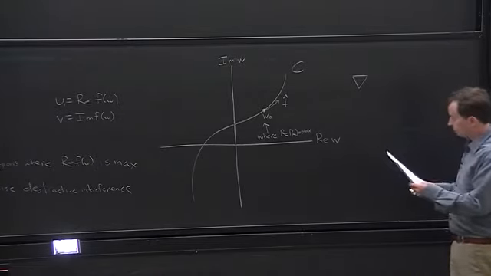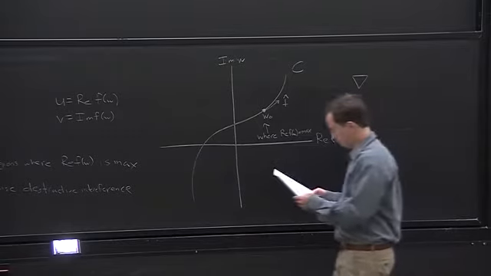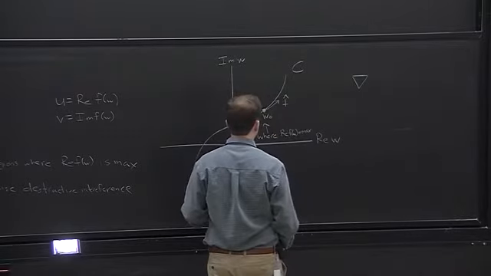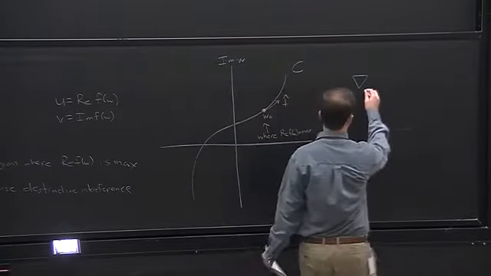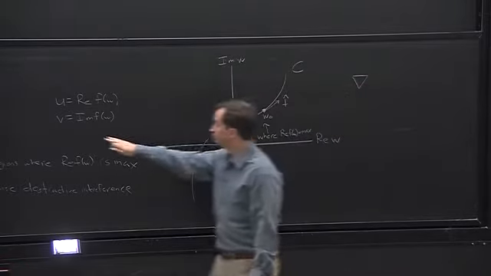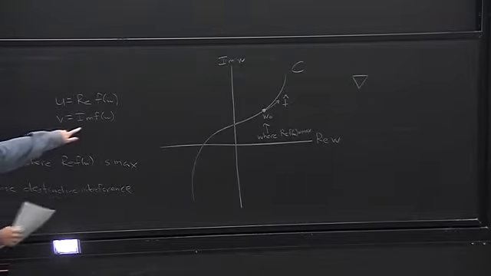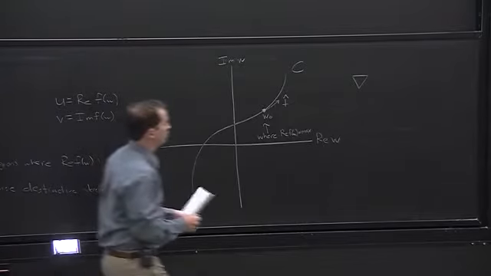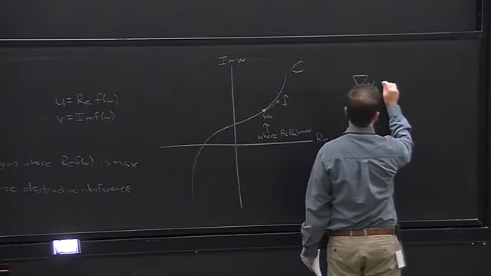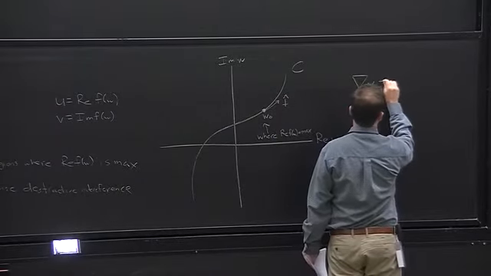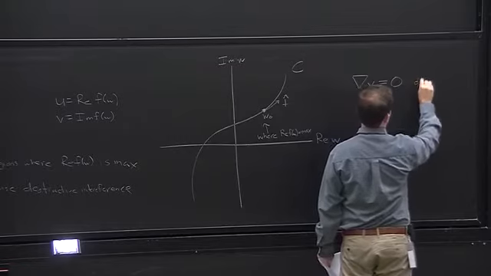Then, if we're on a constant phase curve, the phase of this integral is determined by the imaginary part of f. So that means that the gradient of v is 0 along the curve.